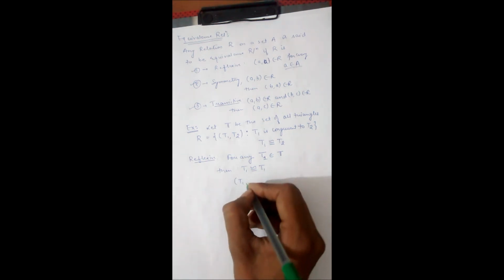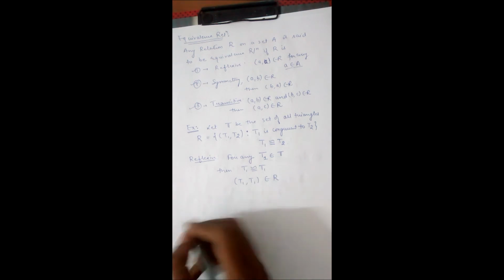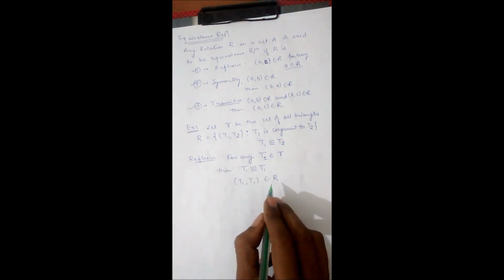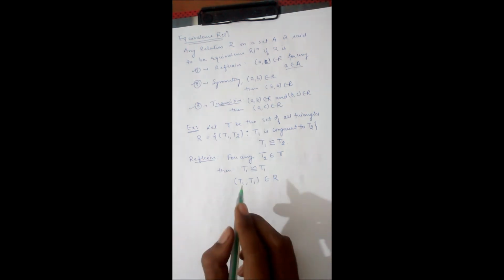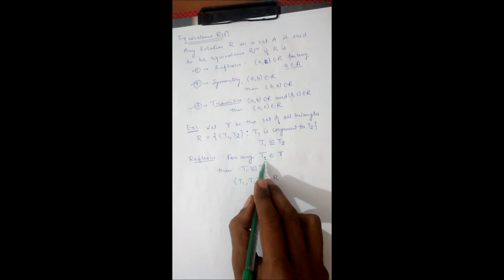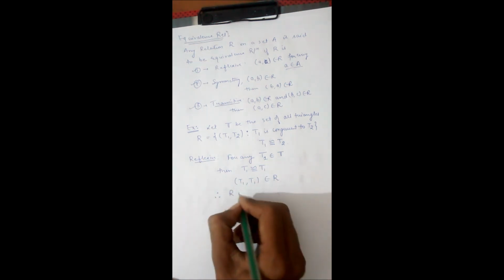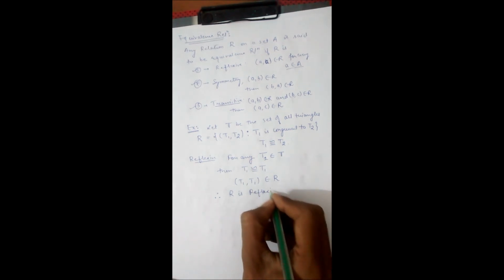Therefore T1 comma T1 will definitely belong to R, because every triangle is congruent to itself. So T1 comma T1 will belong to R. Now this will happen for every triangle T, because T1 was arbitrary. Therefore this makes R reflexive.